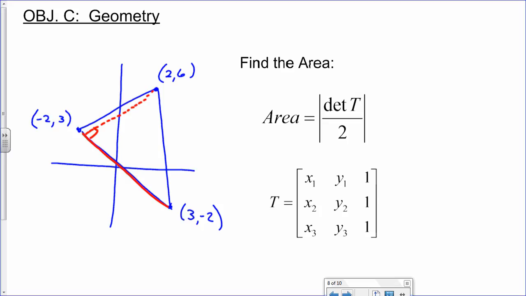So this last column is always going to be ones. And then you plug in your ordered pairs. And then we use this formula, the determinant of T divided by 2. This time this does mean absolute value, and that's only because we're dealing with area. Area has to be positive, okay? So if you get a negative, you just make it positive. That's all that's saying.